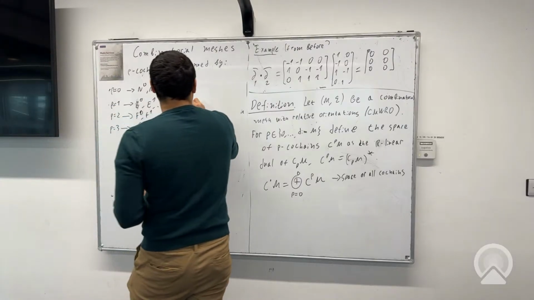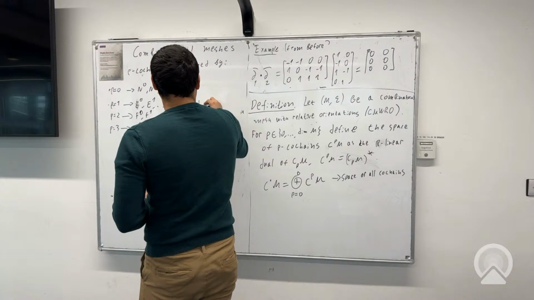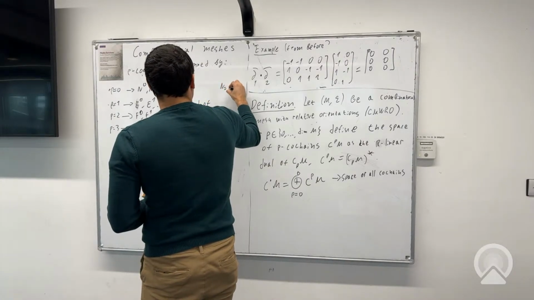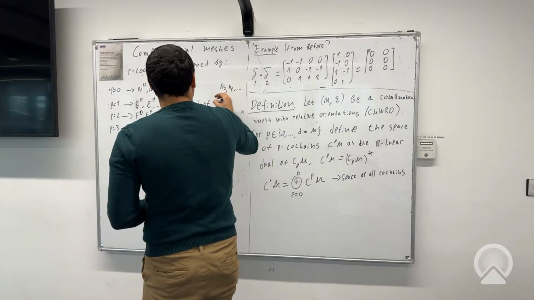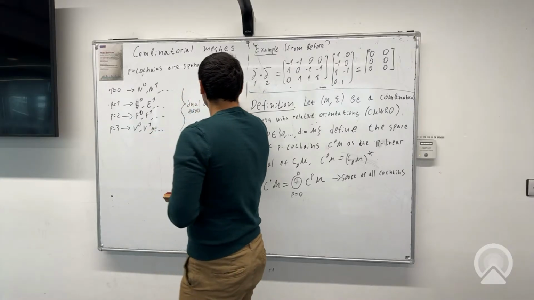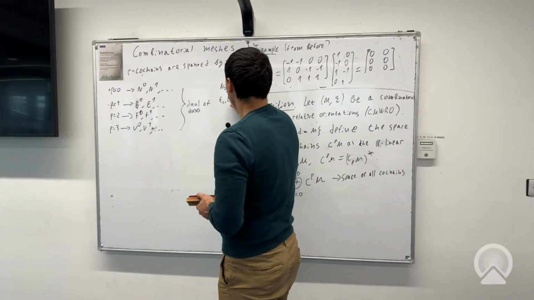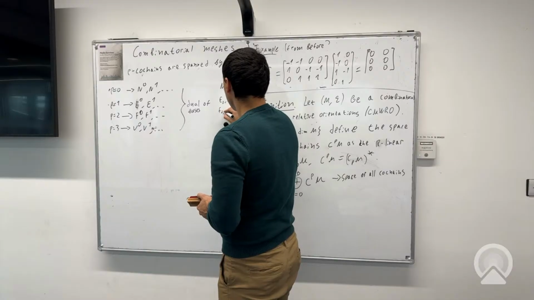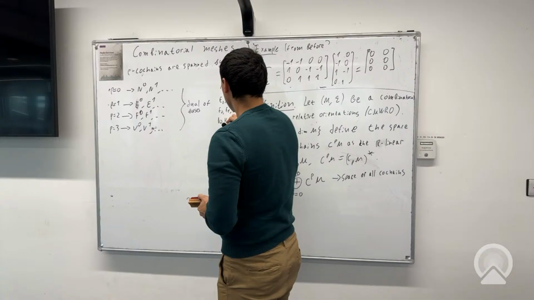So these are the duals of N0, N1, dual bases: E0, E1, F0, F1, and V0, V1.